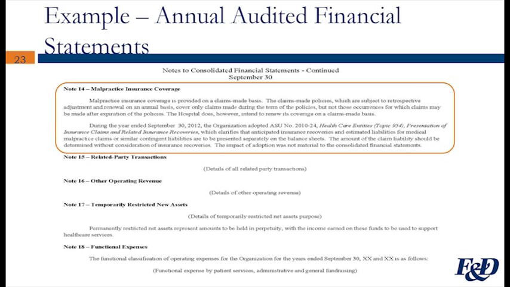It's basically to cover the individual providers as well as the organization for any potential malpractice claims that may arise based on the services performed, whether it be a wrong-sided surgery or some type of complication that arises out of some of the services. There could potentially be lawsuits levied by patients of the organization against not only the provider but the organization. So it's important for a healthcare entity to have the appropriate malpractice coverage and also report that as an asset and a liability on the financial statements.